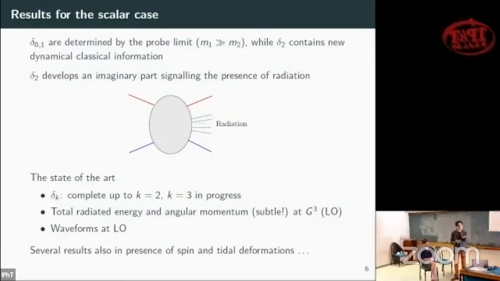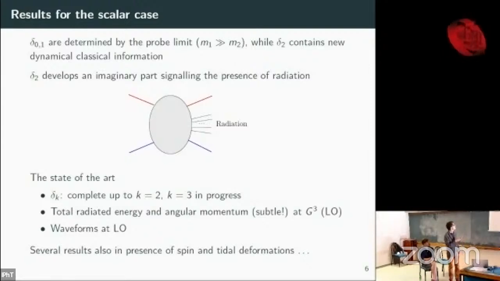And then at that point, if you do that limit, the very asymmetric limit, this eikonal should go back to the heavy-light case, right? So the eikonal should capture just the geodesics of the light object, the object with the smaller mass, in the background of the heavy object, right? So that probe limit is interesting.